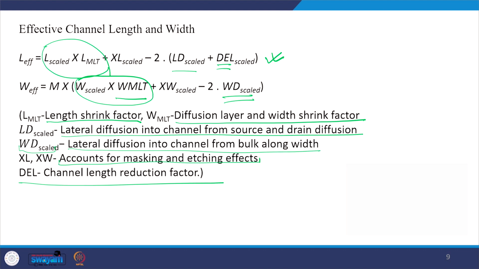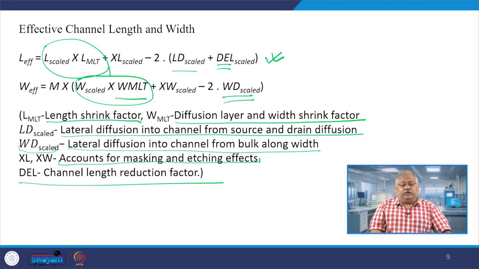So something is coming from the bottom, which has a much larger doping concentration, and it is trying to enforce itself to the top, because of which the surface is not flat and there will be a change in the effective value of your width. So these two expressions give me a brief idea about the effective channel length and effective width depending upon the various factors available to us.